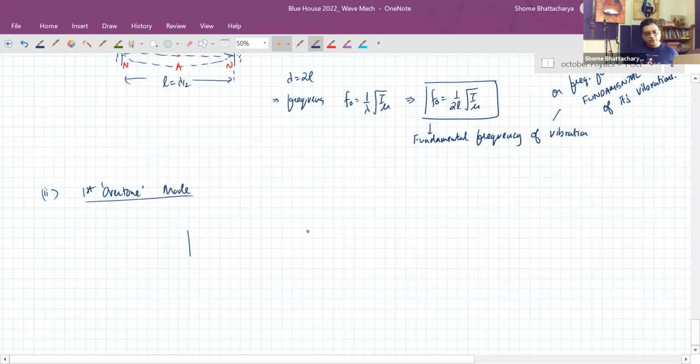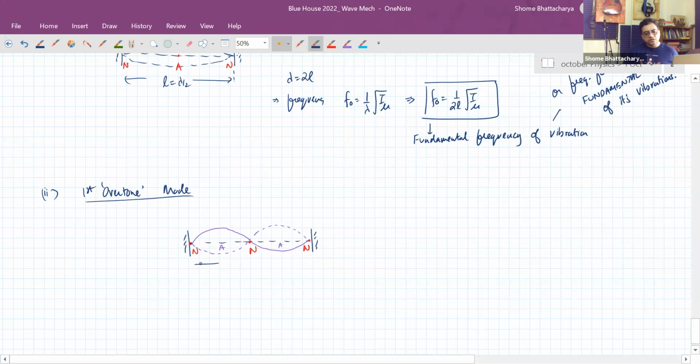So it can also vibrate in such a way that the two endpoints, instead of being consecutive nodes, the midpoint is also a node. So the string could be vibrating like this, such that the points which are at quarter of the length distance from the endpoints, they are the antinodes.